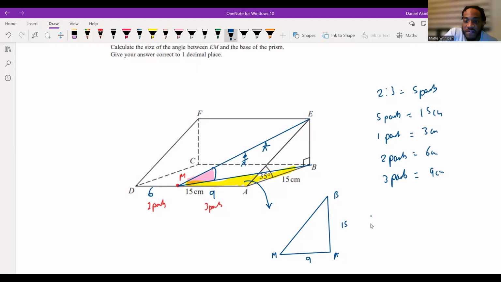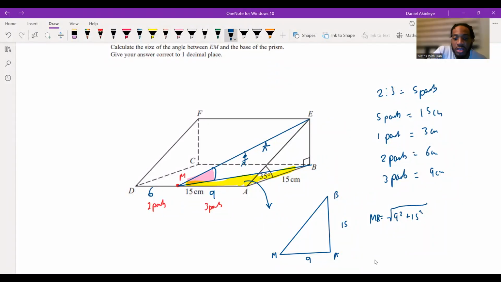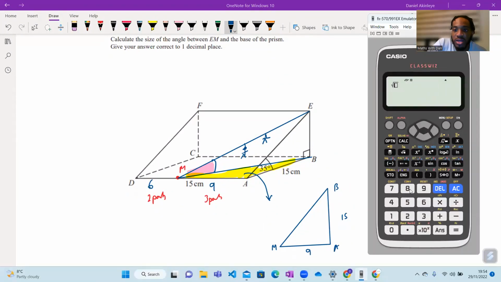By Pythagoras' theorem, MB will equal the square root of 9 squared plus 15 squared. I'll put it in my calculator. This will equal 3 root 34.